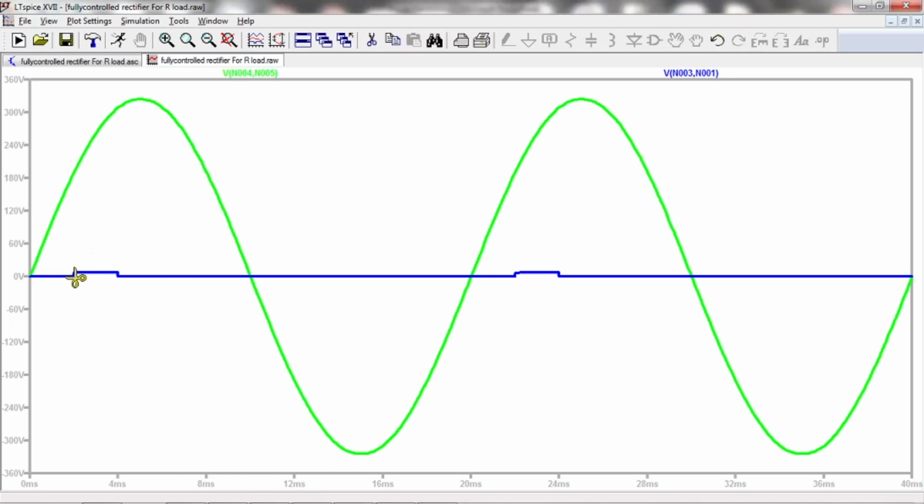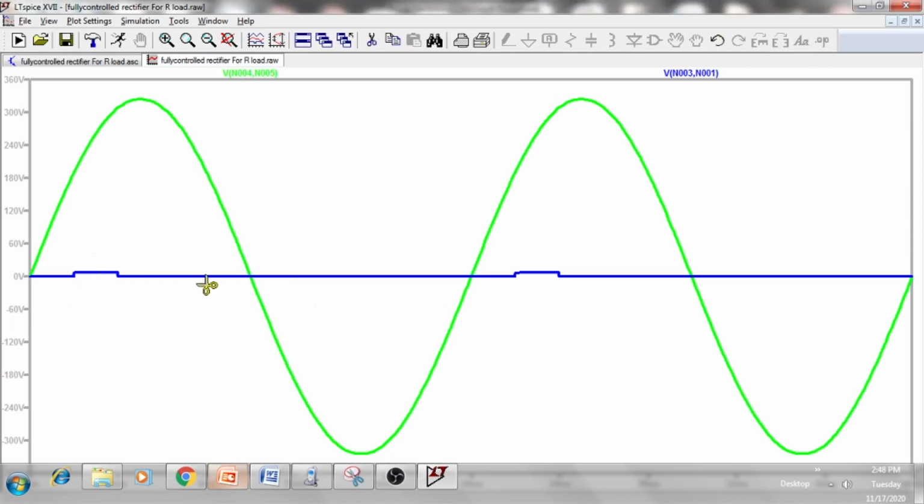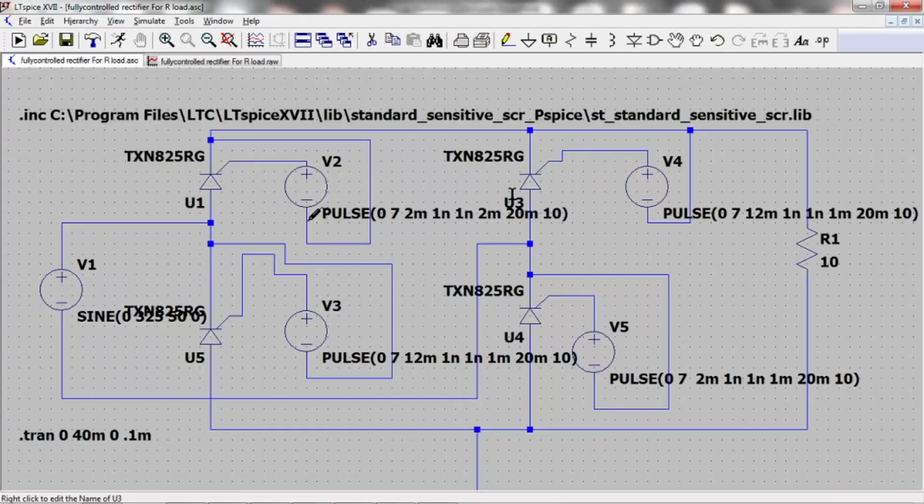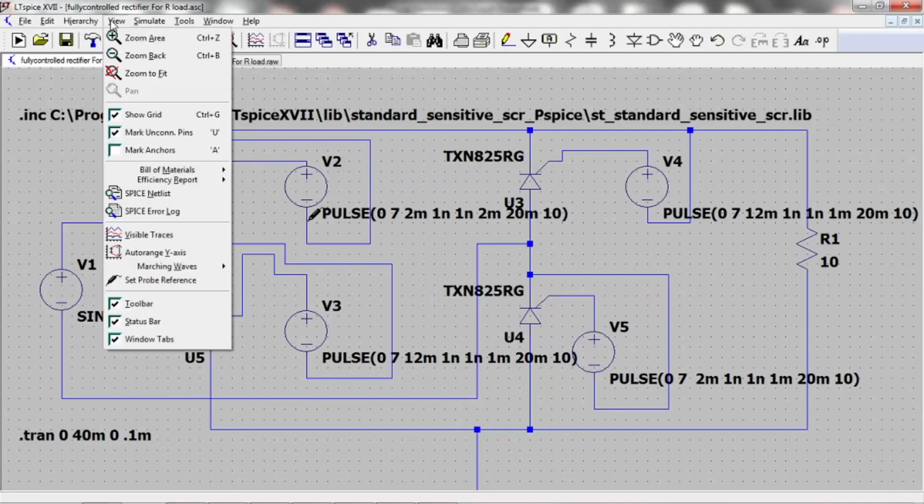In the first half cycle, somewhere here we are applying a gate voltage. Again in the next half cycle we are not applying gate voltage to T1. In the very next cycle we are applying the voltage. Okay. So I will show you the voltages we have applied to the other two SCRs.